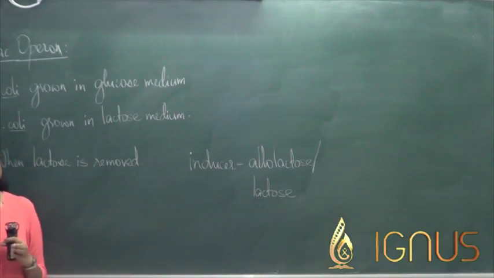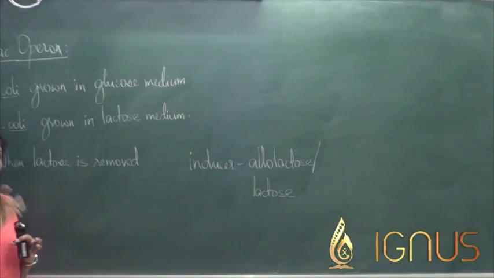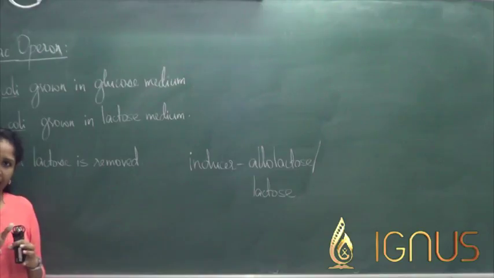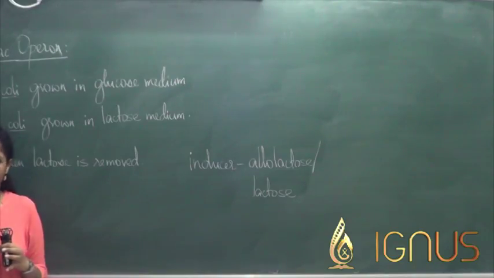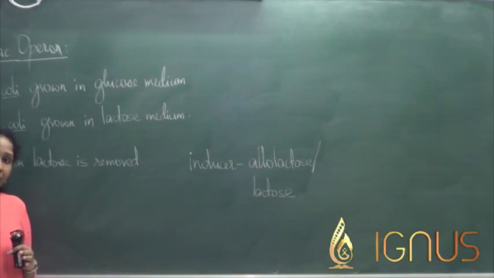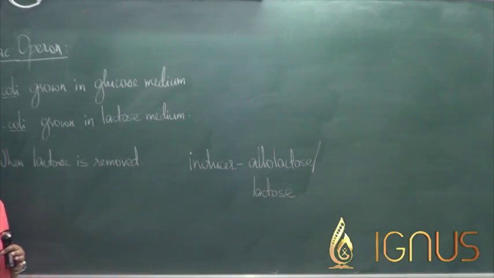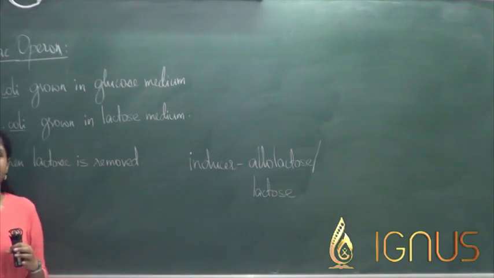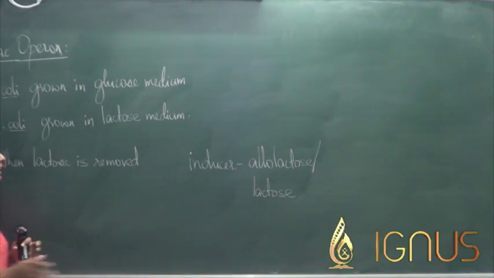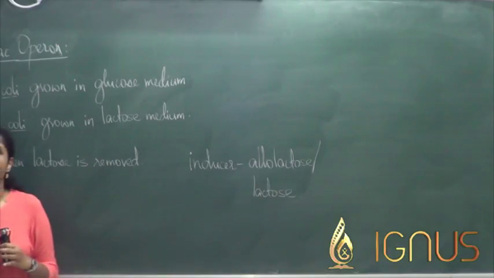So within this short interval of time, when the bacteria are not growing any longer, as soon as they have shifted onto the lactose medium, there is going to be a 1,000-fold increase in the enzymes. And as soon as the enzymes increase in number, they can start using lactose as their energy source.